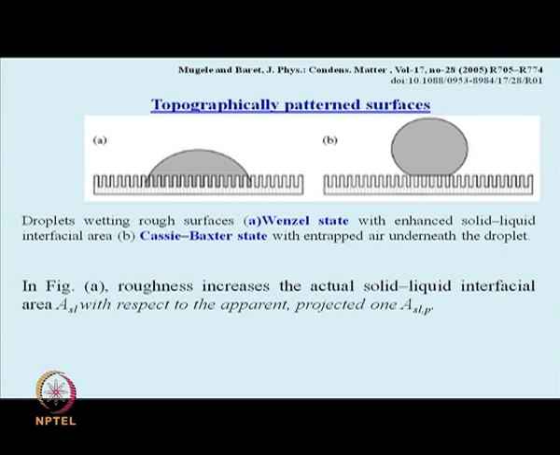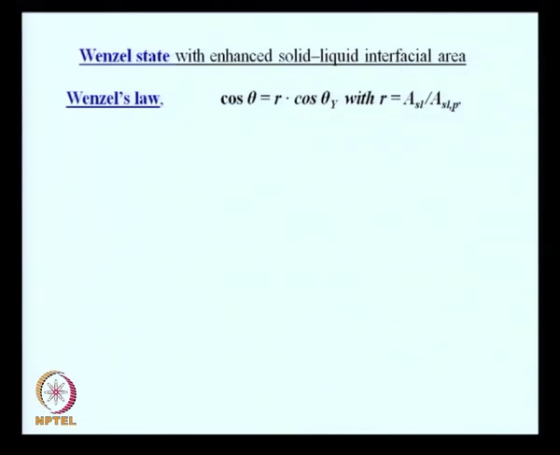So, if you see in figure A, in the Wenzel state, the roughness increases the actual liquid-solid interfacial area, which we call A_SL, in comparison to the projected area, which is denoted by A_SLP. So, there is a famous relation, which is a phenomenological relation.